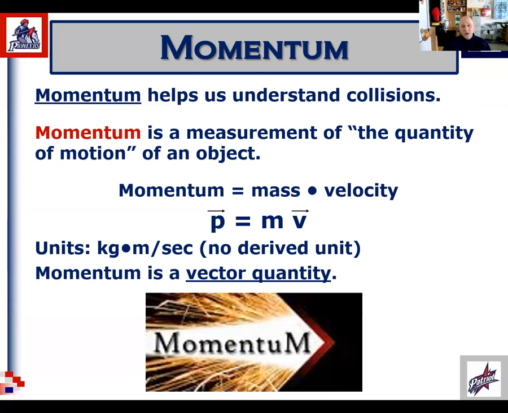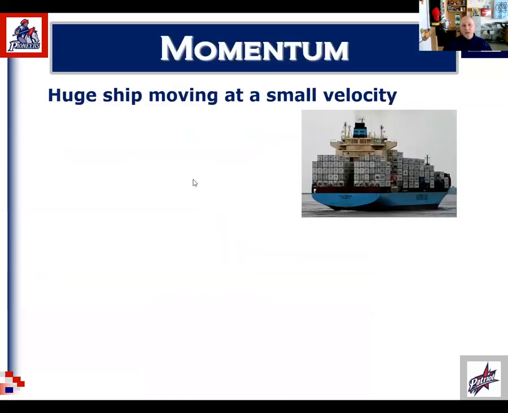So it's a really easy equation. If an object's moving, you have momentum. How much momentum you have depends on whether it's a really big mass, or a really big velocity, or big for both. It can be a combination. So you look at this ship. It's huge, with all these cargo containers, very massive.